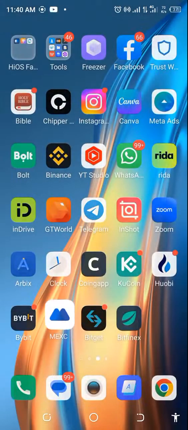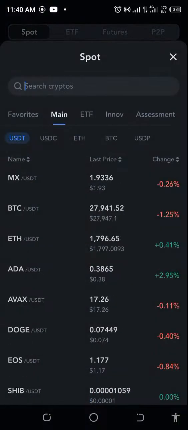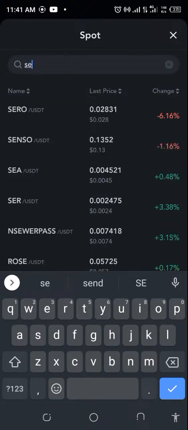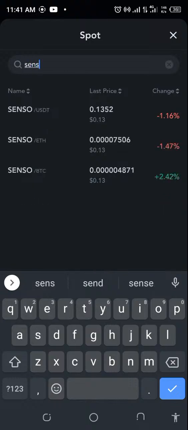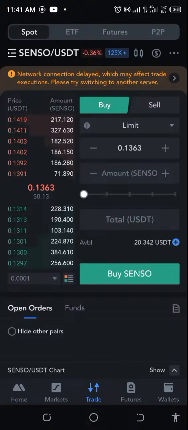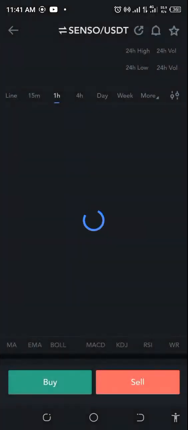We want to make sure that this still gives us good results. So let's go back to our Senso USDT, and then we buy. Let's check the charts just to be on the safe side to see what's going on with Senso.